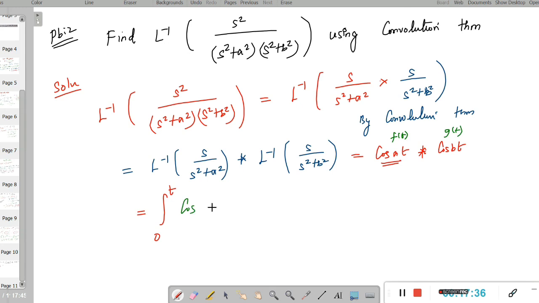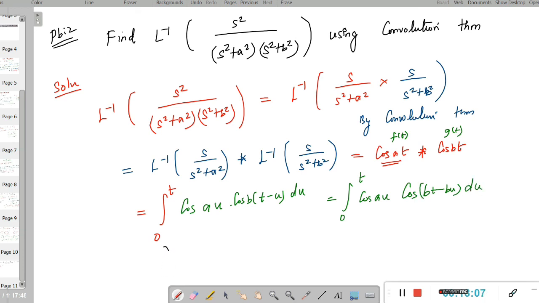That means cos au into g of t minus u, that means cos b into t minus u, du, which is equal to integral over 0 to t cos au cos bt minus bu du.